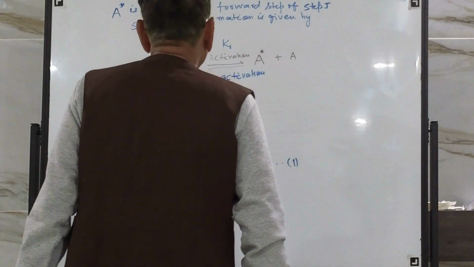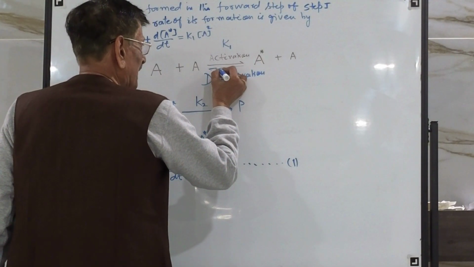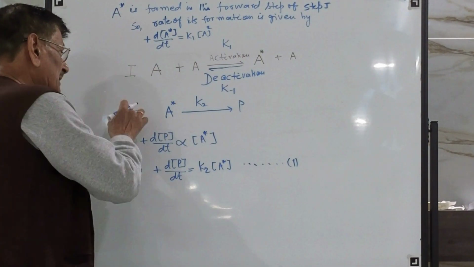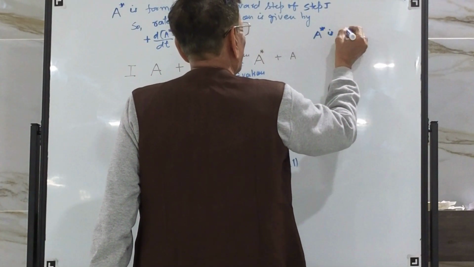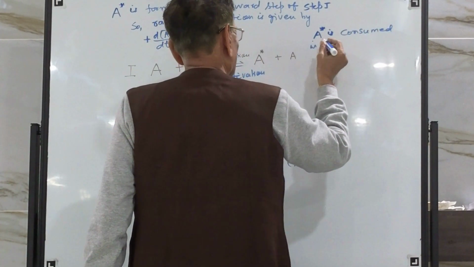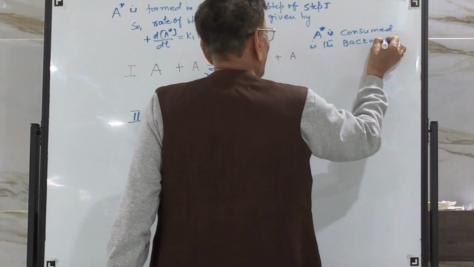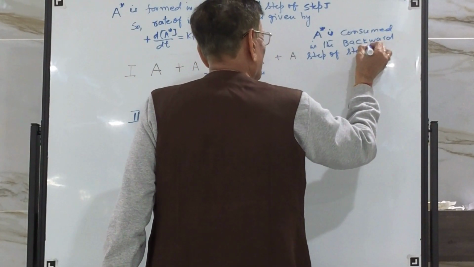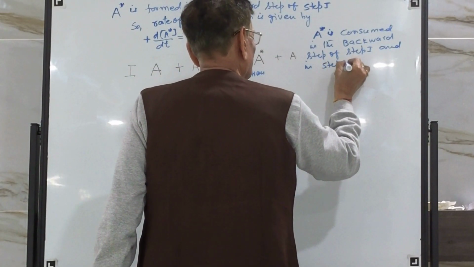And the A star is consumed in the backward step of step 1 and also in step 2.